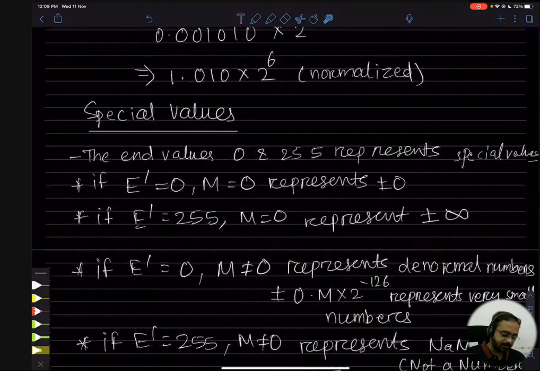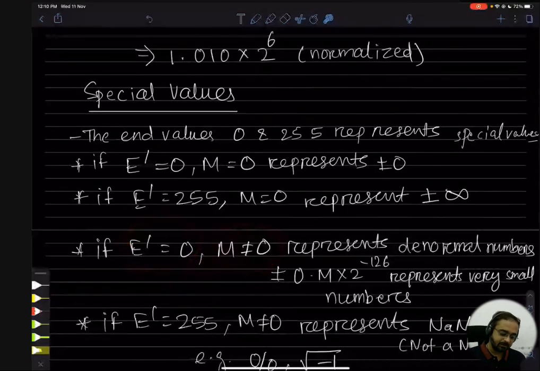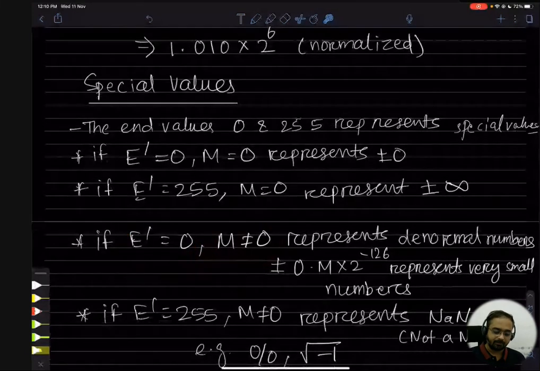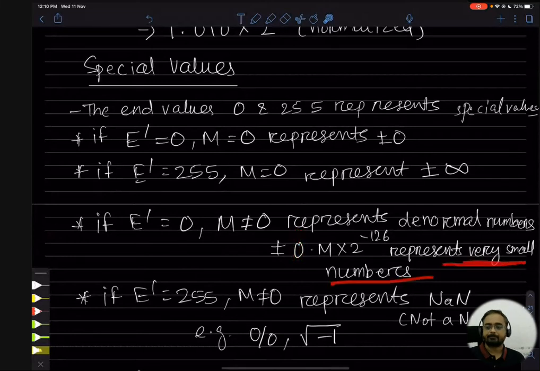Okay, if e dash is 0 but mantissa is not 0, then it will represent a denormal number. What is a denormal number? A denormal number is something that looks like this. It is violating our normalized representation, because here the leading bit is 0, not 1. Okay, this will represent a very small number.